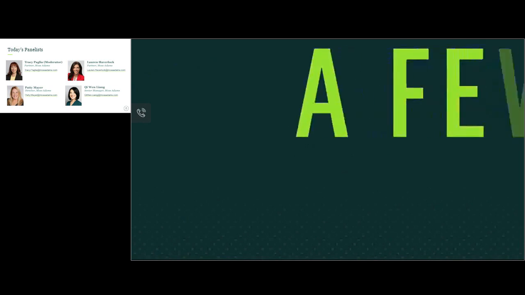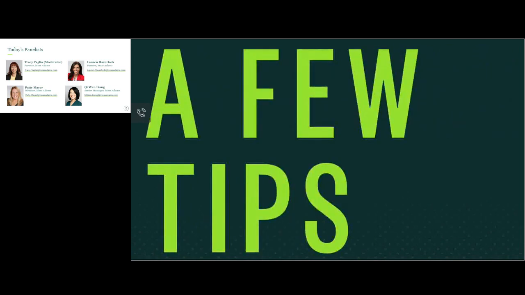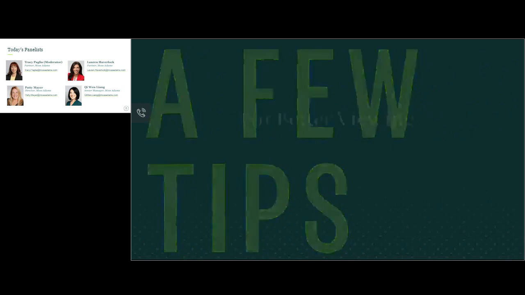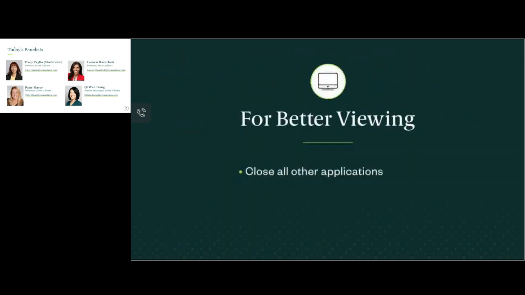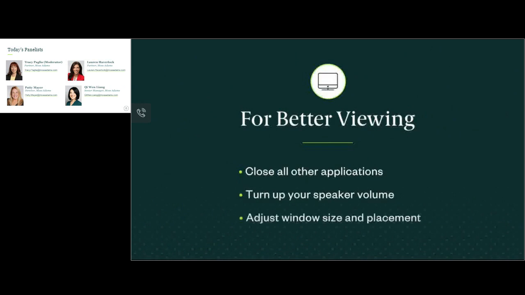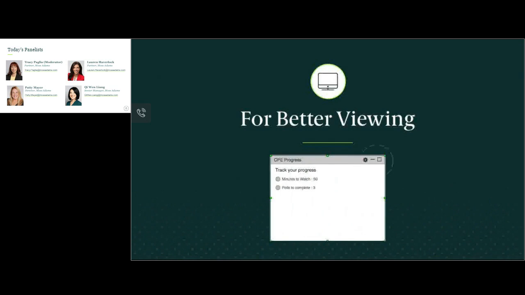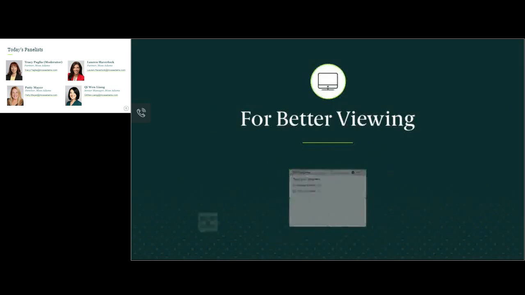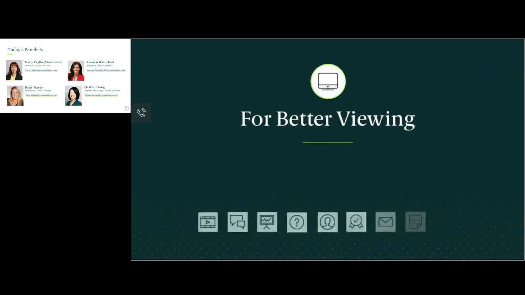Before we begin, here are a few things to keep in mind. You can customize how you both view our presentation and interact with the presenter. For better viewing, close all other applications and turn up your speaker volume. You can also adjust window size and placement or enter full screen mode using the controls at the top of the window or dragging the bottom right-hand corner to resize. At the bottom of your screen, you'll see a series of icons, each relating to a different aspect of our session.